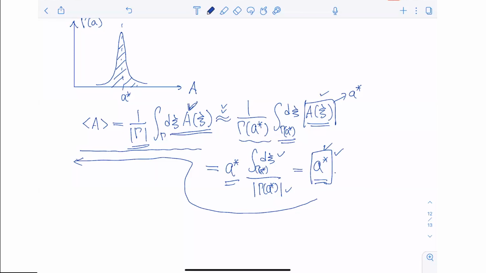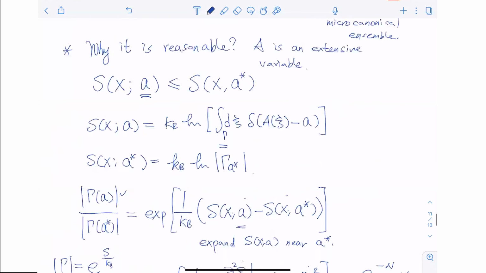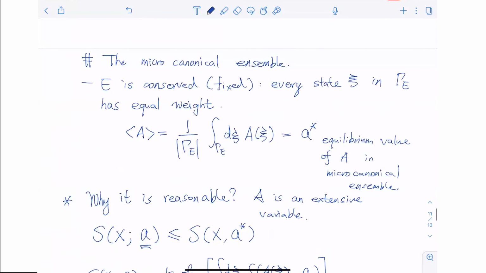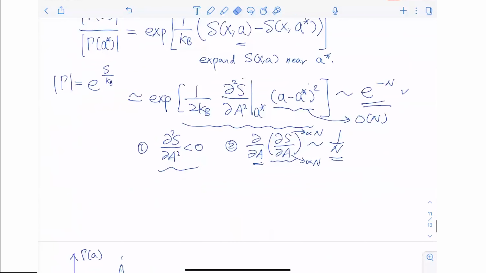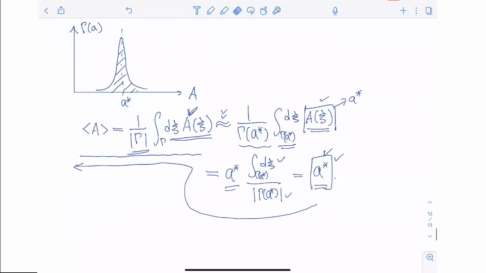I just brute-forcefully sum them over as if they are all equal with each other. Okay, so that's why the assumption that the microcanonical ensemble is making here is actually a reasonable approach, because the weighting that is not at the equilibrium value is actually quite small.